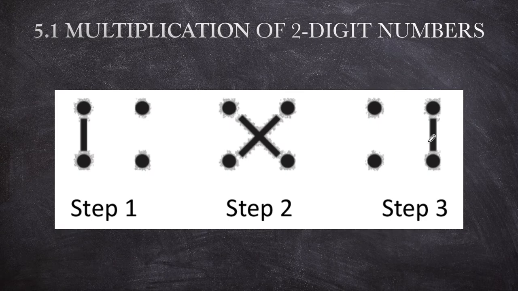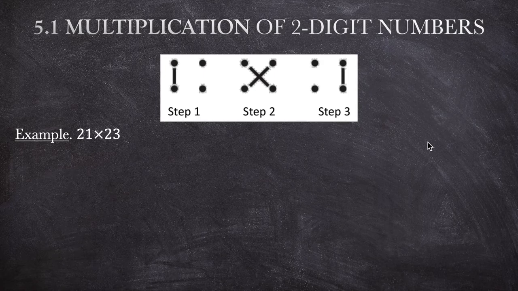So to give you an example, let's take a look at this. Example, we have 21 times 23. So how do we do that? We write 21 like this and 23 like this. And then step number one, tens by tens. So 2 times 2 is 4.